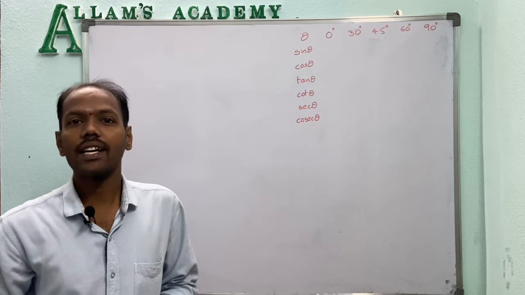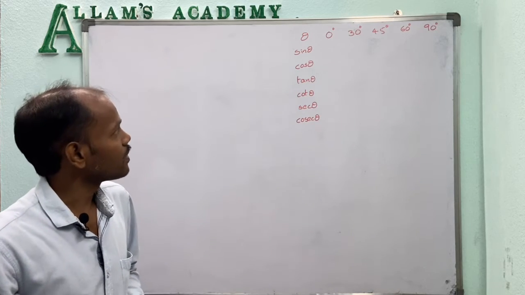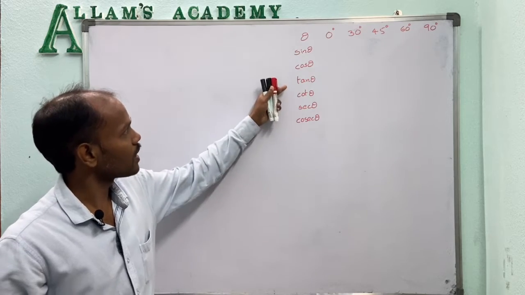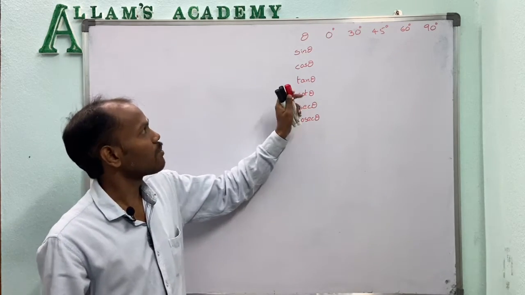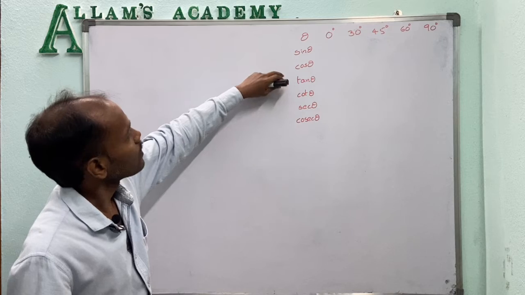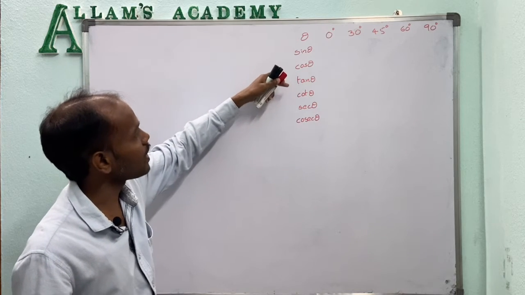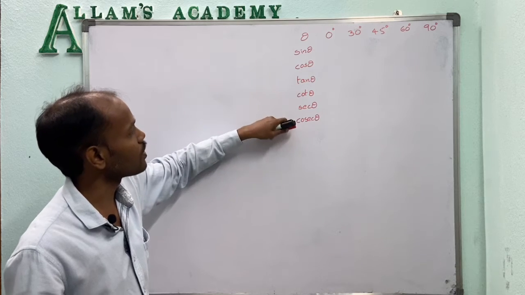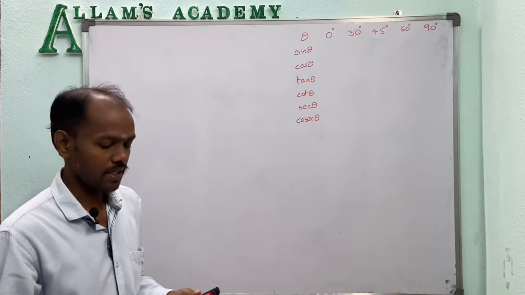Here we already studied about cot, sec, cosec and tan. So tan means it is the ratio of sin by cos, cot means 1 by tan, sec means 1 by cos, cosec means 1 by sin.